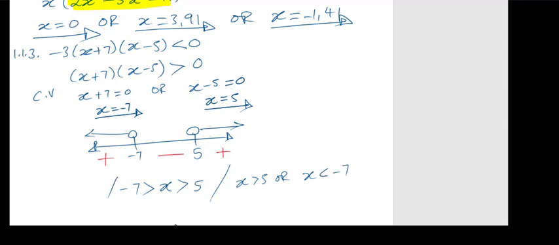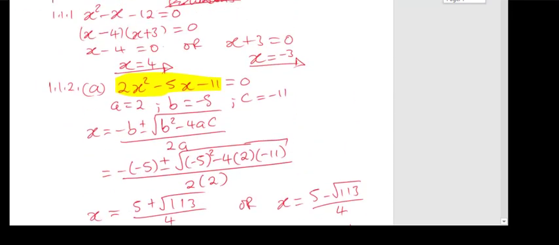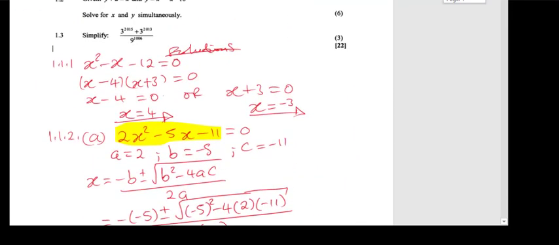Or you can write it as an element, saying as a restriction as well, x must be an element from negative infinity up to negative 7, union, and again from 5 to positive infinity. So you can write it like that too, it's fine.